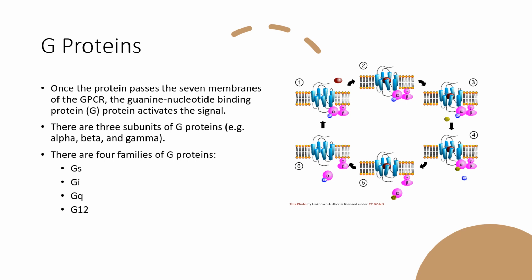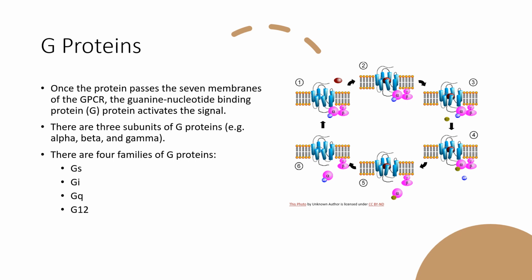Then the alpha subunit with GTP dissociates from the beta and gamma units and binds to a particular target enzyme where there is either going to be an activation or an inhibition. And that is seen in steps 5 and 6.